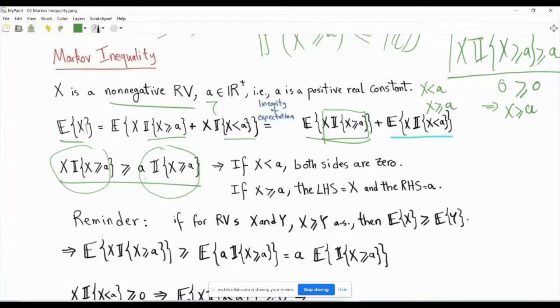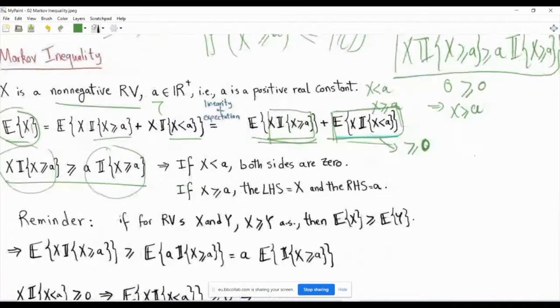So what is now our conclusion? Expected x, by using the trick of the two indicators, is split into two parts like this. Now, what is this second part? The second part is non-negative, because x is a non-negative random variable. The expectation of a non-negative random variable is a non-negative quantity, so this is greater than or equal to 0.